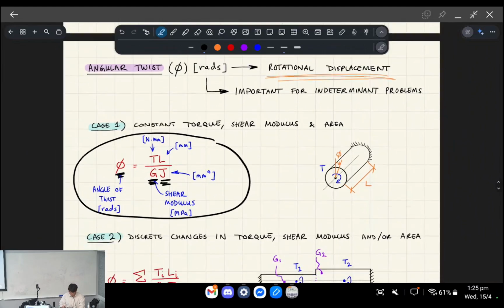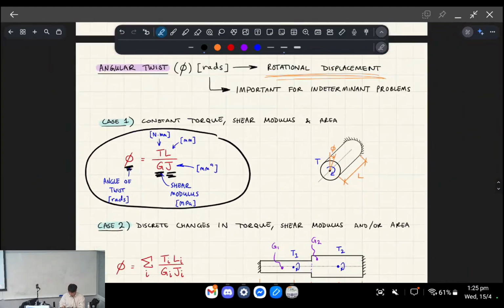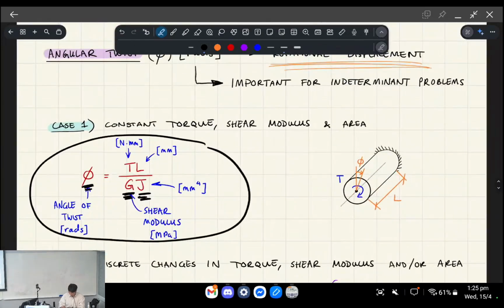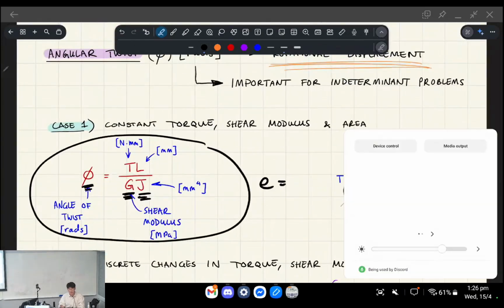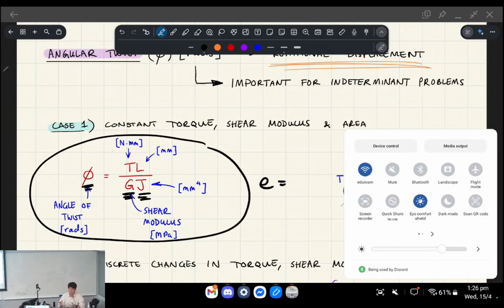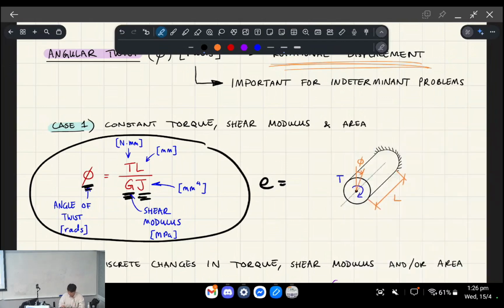So, yeah, it might look like quite a few things. You might recognize in week 4 we did axial elongation, the amount of elongation. That formula was PL on EA, for example, for a discrete case. So if you have a column and there's a force that's compressing it, how much is your column going to shorten?